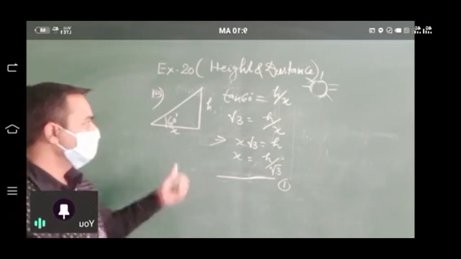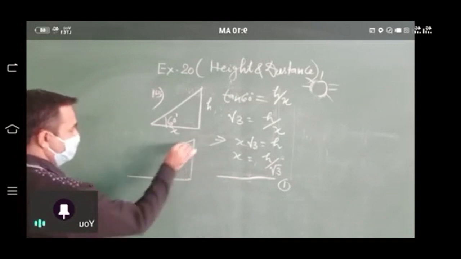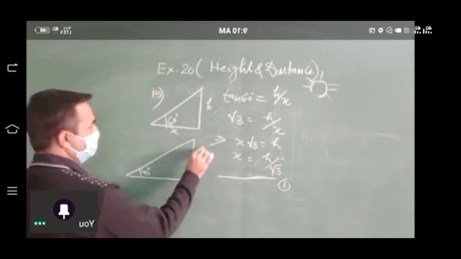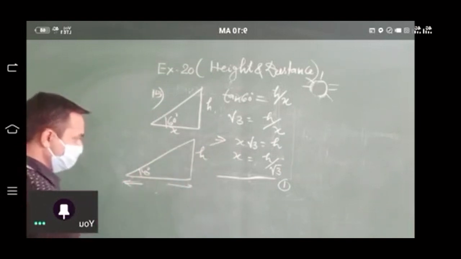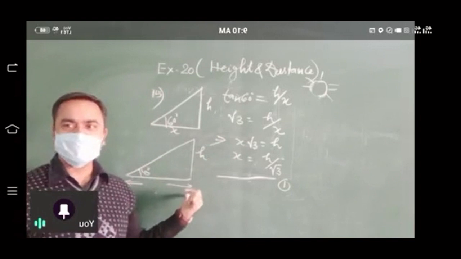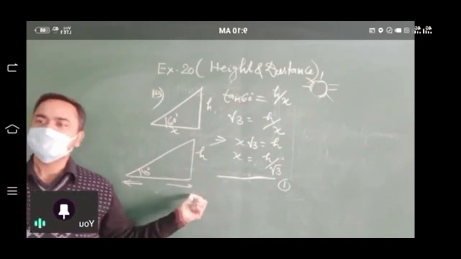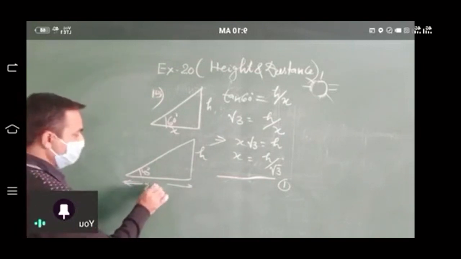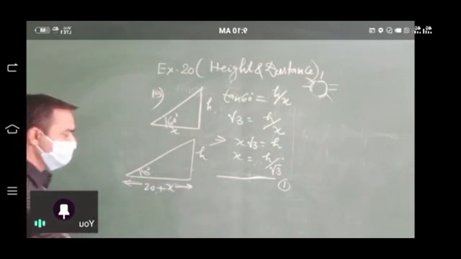Now the next triangle was this right angle triangle and the angle was 45 degree. This was x, and tell me what is the total distance? Total distance is 20 plus x, because he had already moved 20 and x I have considered.